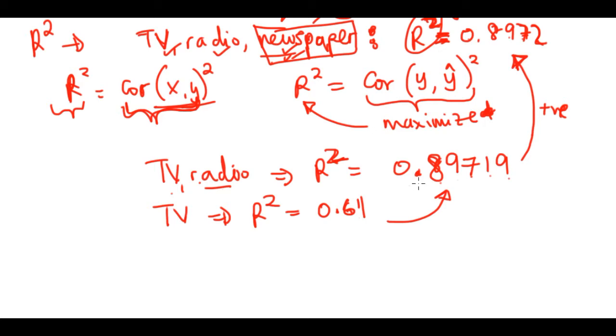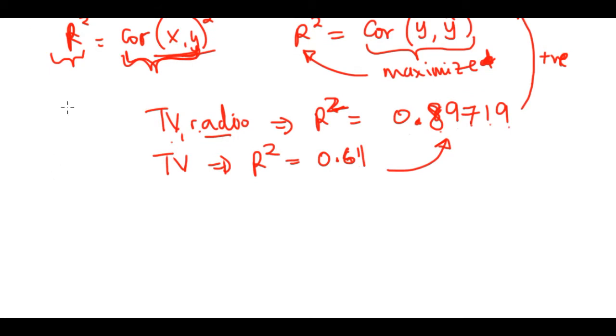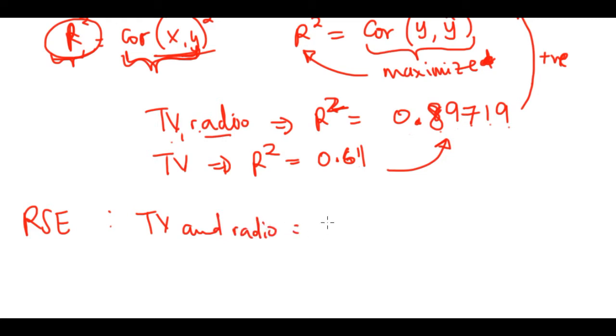And you can compare now the other measure, because this was the first measure, and this was the second measure that we discussed. What about the first measure that we discussed, called RSE? If you remember, the RSE for the TV and radio model is equal to 1.681.